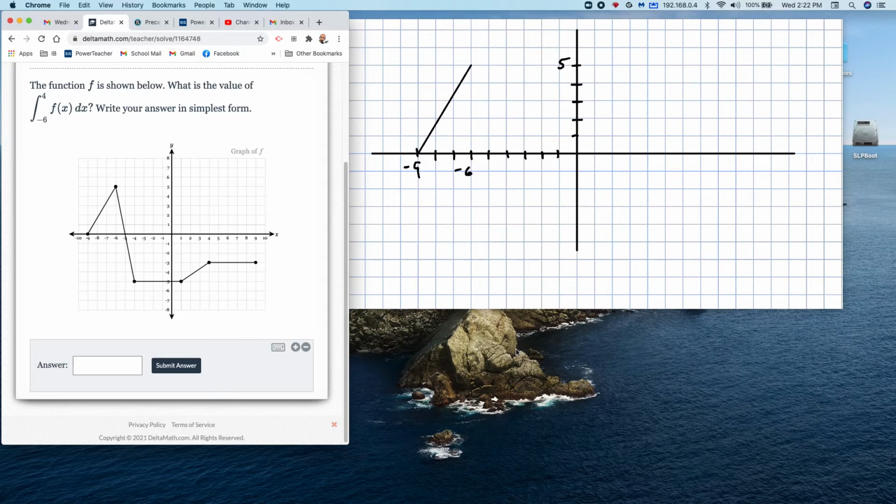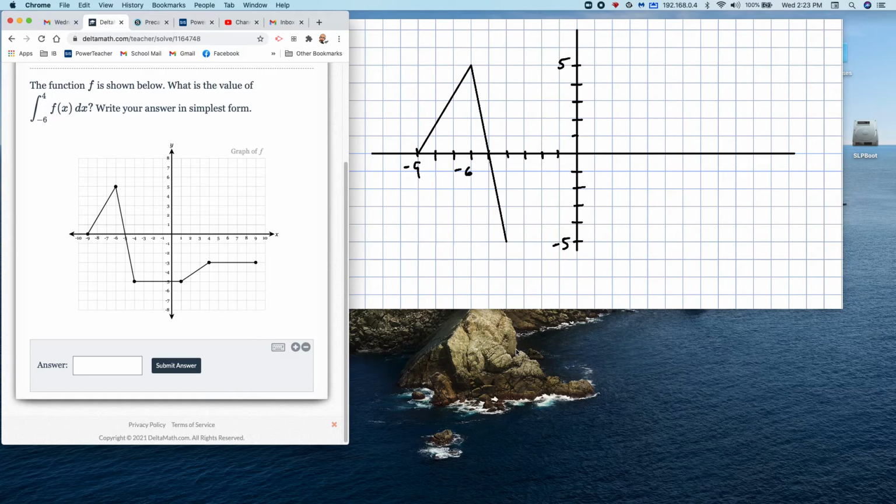Then it looks like we go down to -5. 1, 2, 3, 4, 5. So there's -5. And it looks like we go all the way down to 4 at -5. So we go all the way down to something like that.